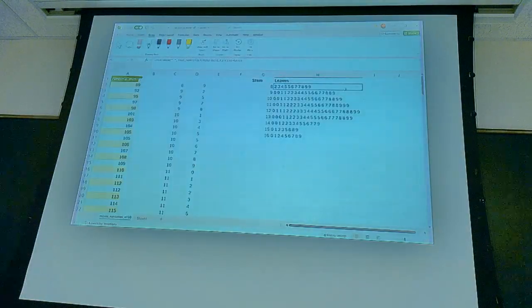Split. If you wanted to split into two stems, you can, but that's going to require you to use an if command, which is now getting into coding concepts, so I'm just not going to do that.